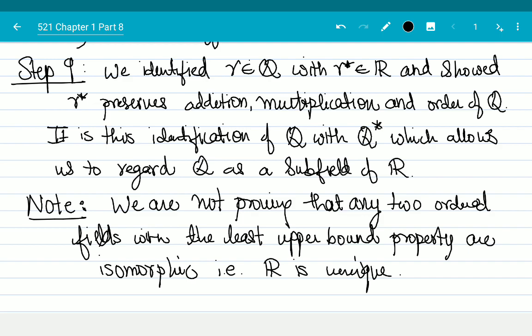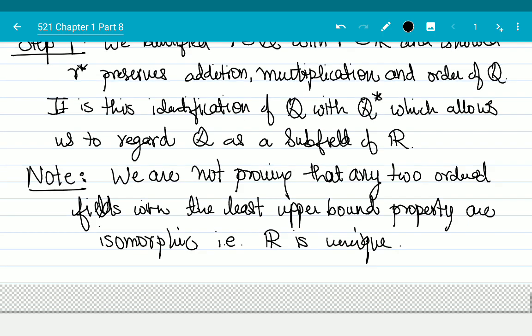However, that is something that is true. So while we are not proving that, this is something that is true, and hence it completely characterizes R.